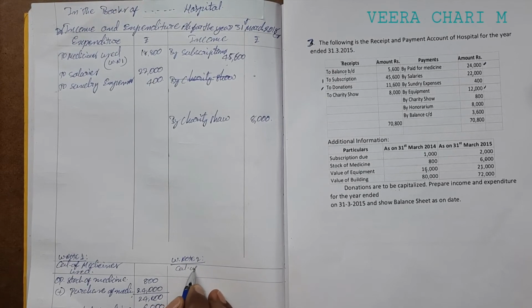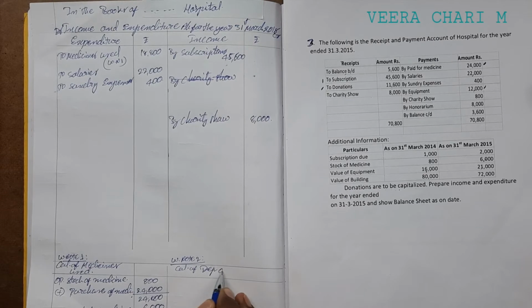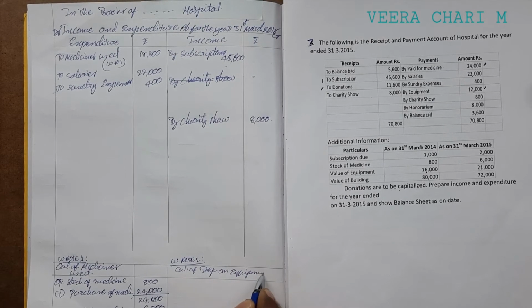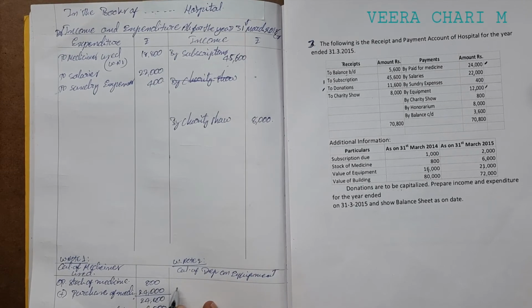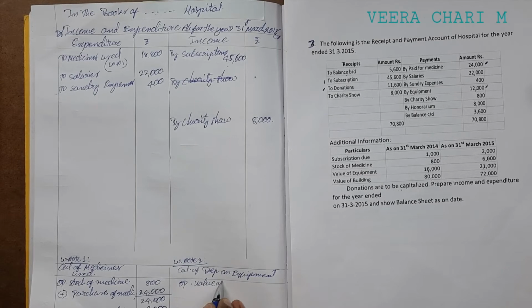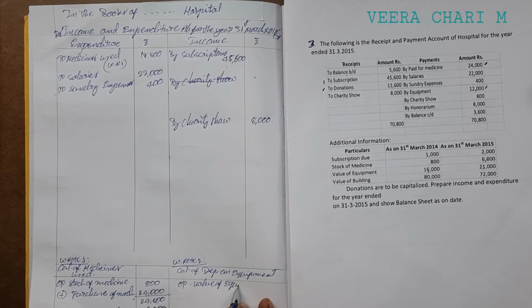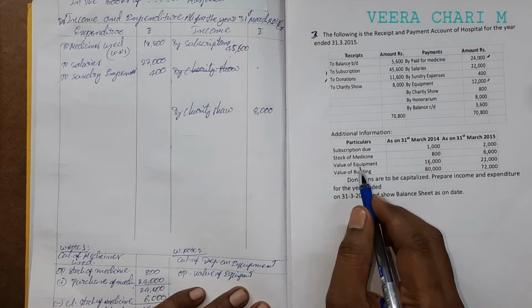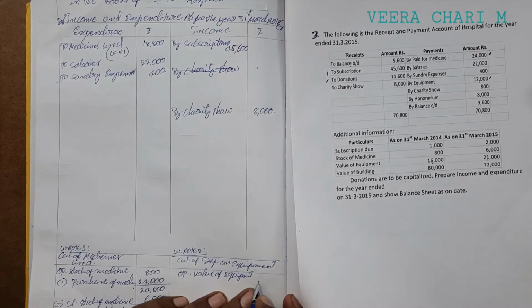Calculation of depreciation on equipment: the opening value of equipment is 16,000, from last year.